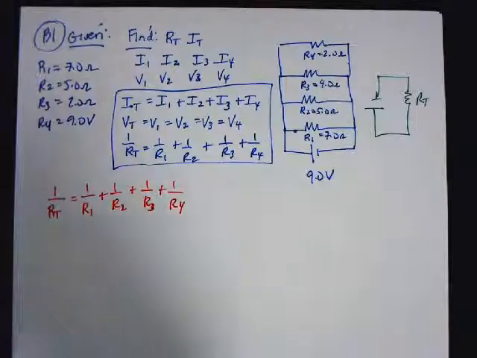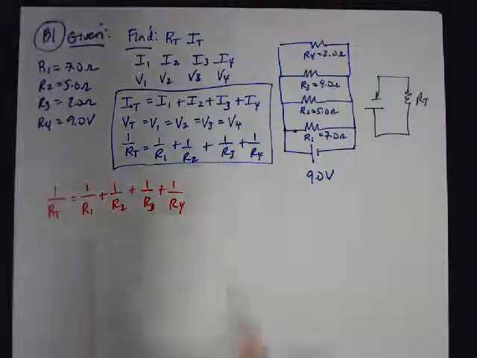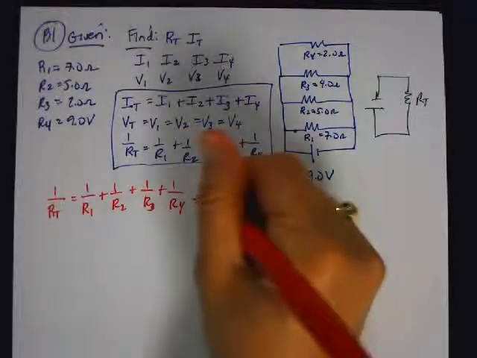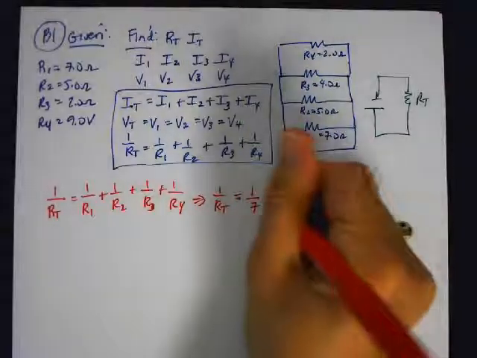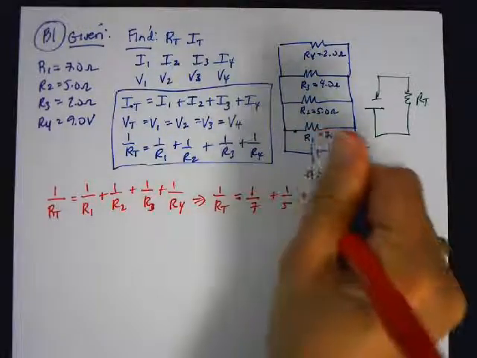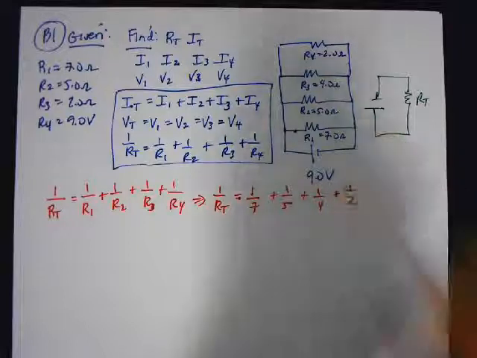Now, if these were whole numbers like they are, instead of just putting the numbers in my calculator, I would use fractions to do it, and I'll show you why. So that means that 1 over RT is equal to 1/7 plus 1/5 plus 1/4 plus 1/2.